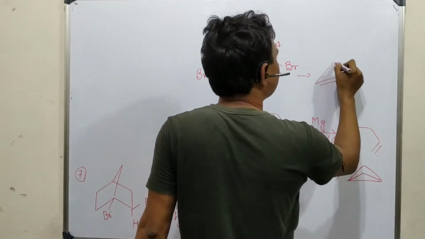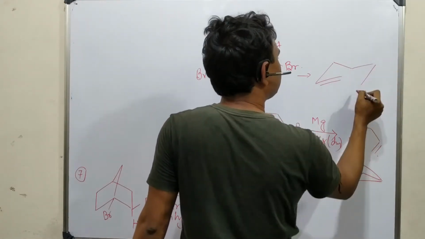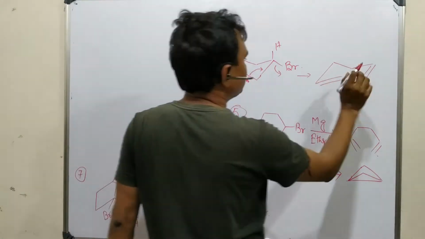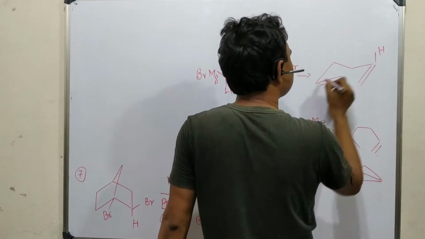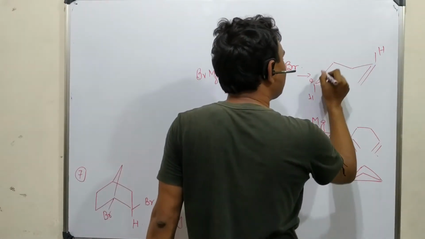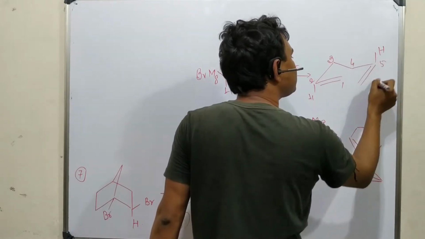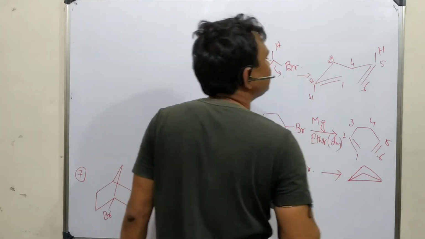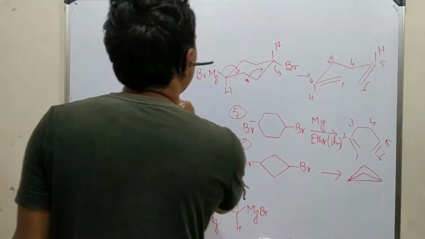This is a double bond, this bond is broken, this bond is broken. I am not writing the hydrogens, just this is H, this is H. Then this is 1, 2, 3, 4, 5, 6, and this is 1, 2, 3, 4, 5, 6, exactly the same. Fine. So the question is how and why.